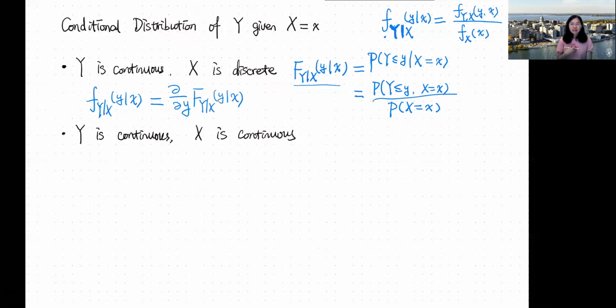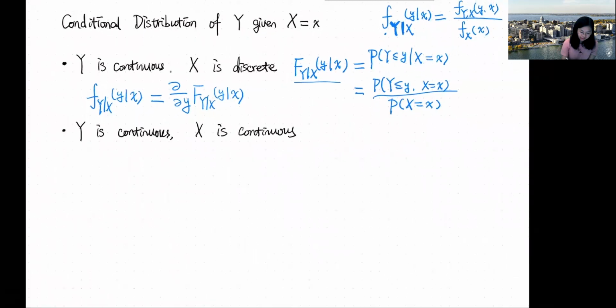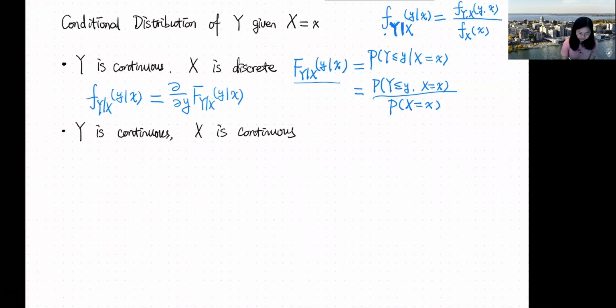And the second case is when Y is continuous and X is also continuous. And now you see we ran into some problem. We cannot use this formula anymore because for continuous random variables, the probability that X equals little x equals 0. Then how do we define the conditional CDF of Y given X equals little x?